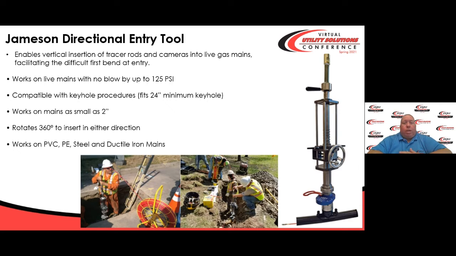It's compatible with keyhole procedures due to its size, and it'll fit and operate inside a minimum 24-inch keyhole. Works on all mains as small as 2 inches. Rotates 360 degrees so that you can insert your rod or your camera in either direction. Once you've located in one direction, you can turn around and go the other direction, all through one entry point.